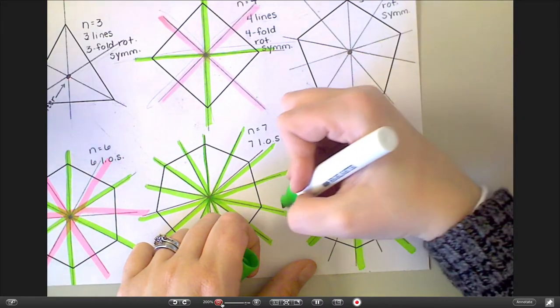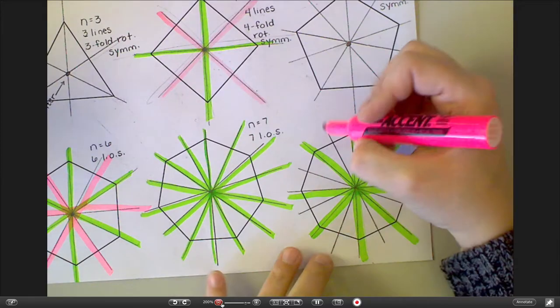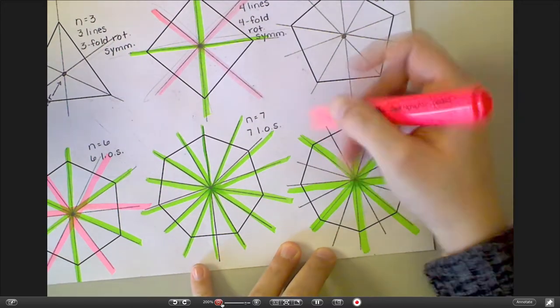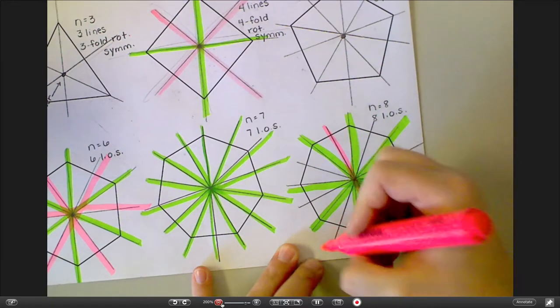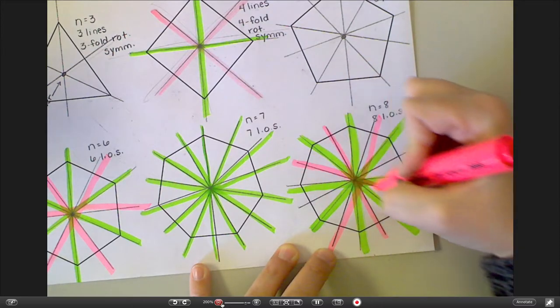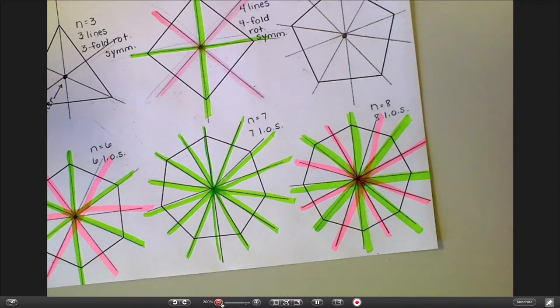They're all even numbers, that's right. So if n is even, your lines of symmetry are all either from vertex to vertex or they're the perpendicular bisectors of the sides.